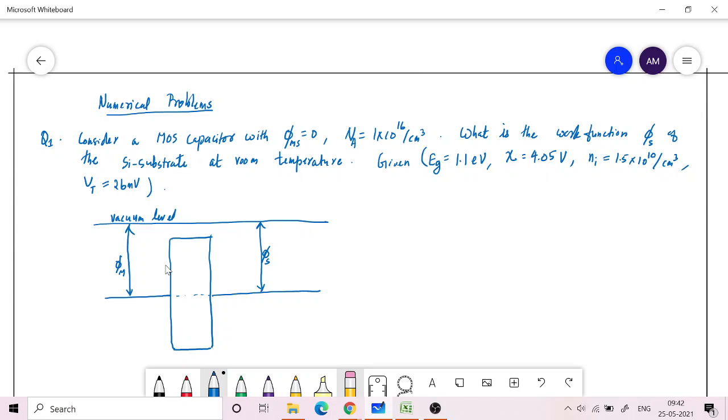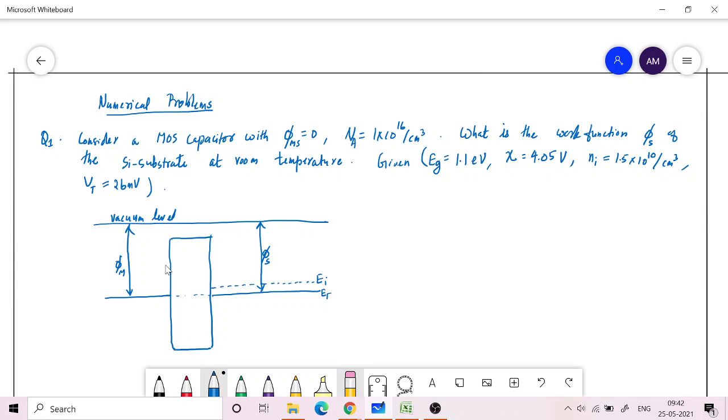Then it's a p substrate, right, because Na is given. Na means we have acceptor impurity, so that's a p substrate. If it is a p substrate, your intrinsic level is going to be above the Fermi level in the substrate.